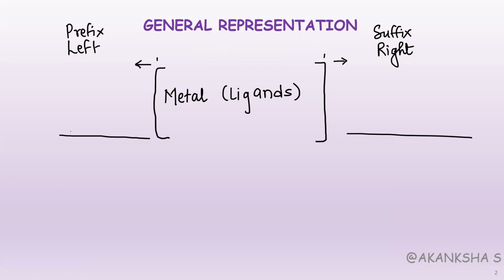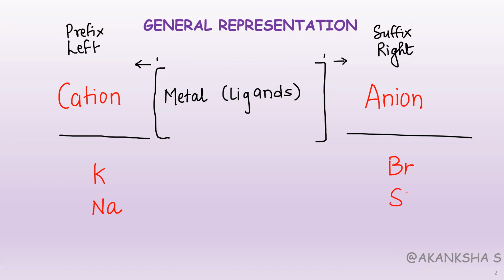Always remember, we always write a cationic or positively charged element on the left hand side. It could be potassium, it could be sodium, it could be anything. So if you want to mention such a metal, you always need to write it before the coordination sphere. Suffix is always going to carry an anion, that is a negatively charged entity. It could be bromine, it could be SO4.